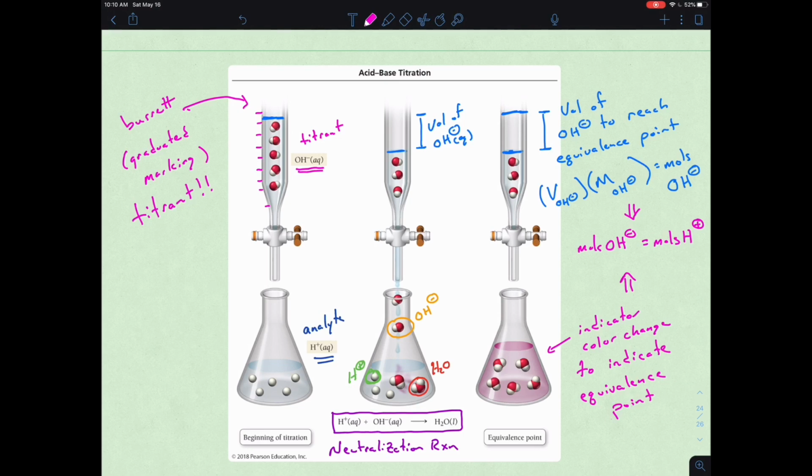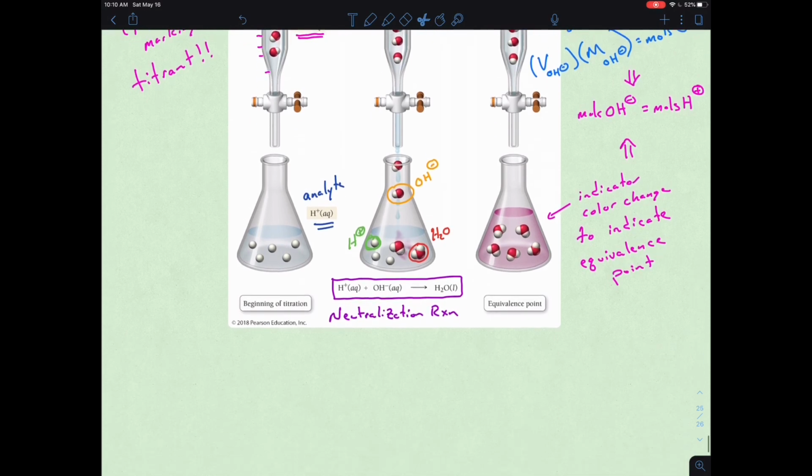If I know the concentration of one, I can relate it to the concentration of another because of this quantitative reaction known as the neutralization reaction. So that's the idea of a titration. Let's look at an example of a titration problem.